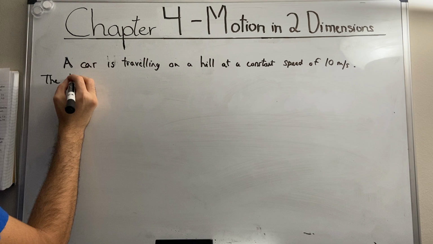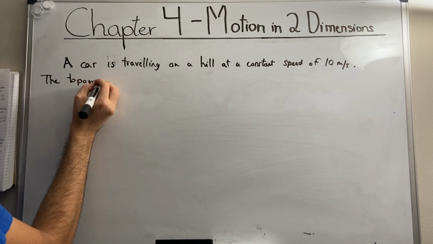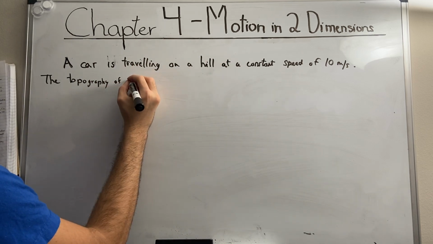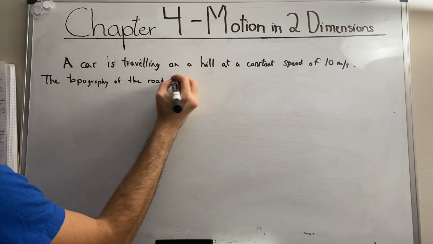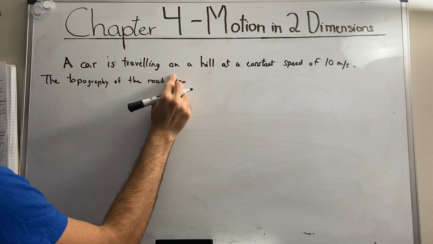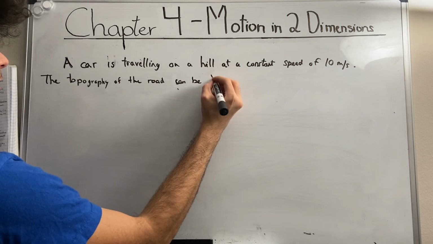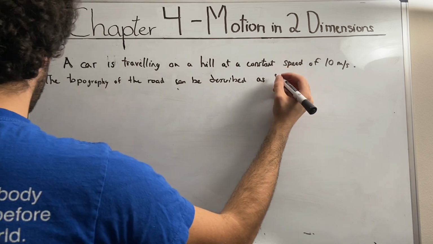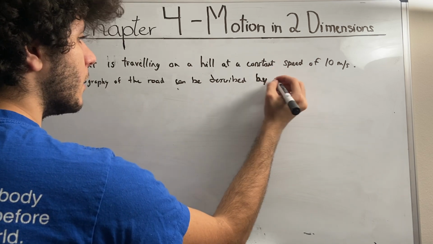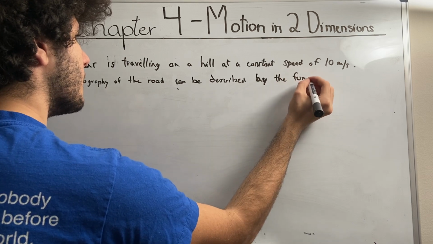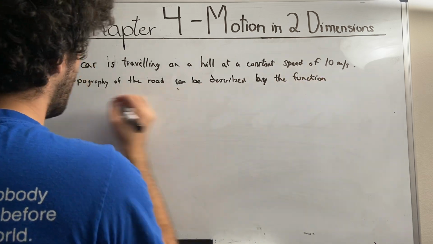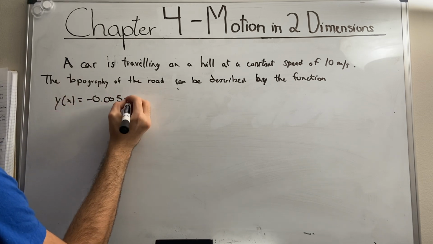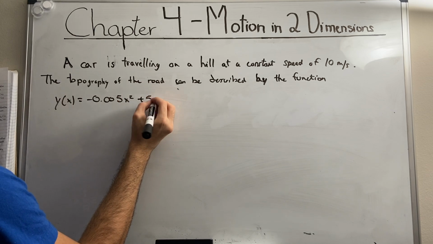The topography, meaning how bumpy the road is, topography of the road can be described by the function y of x is equal to negative 0.005 x squared plus 50.